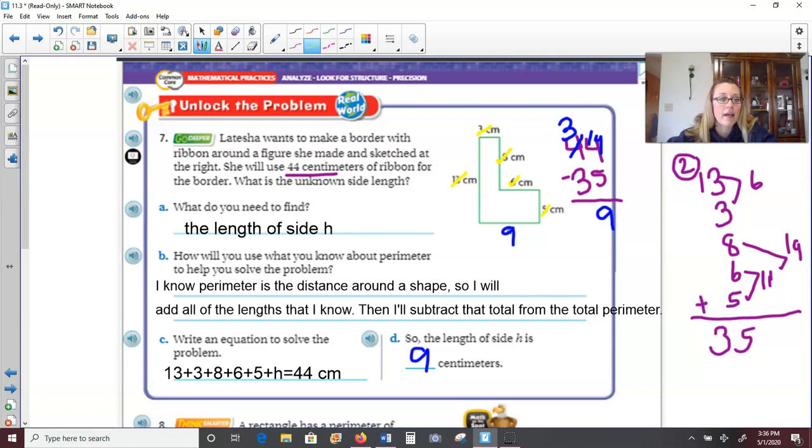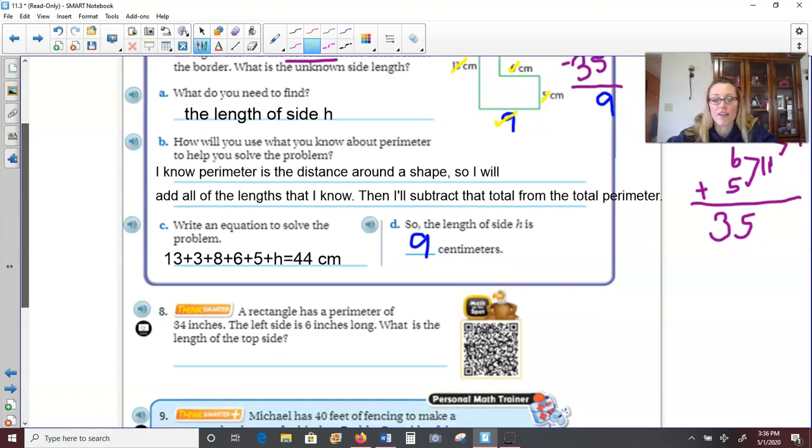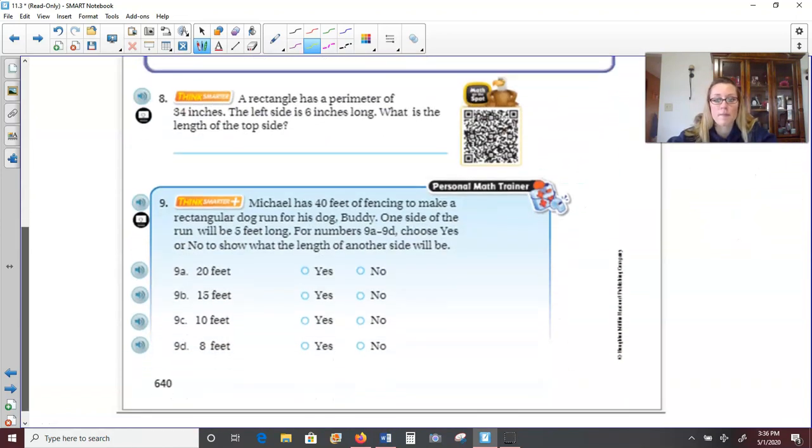And then adding 9 more, we get 44. All right, so that checks out. We are good to roll on to the next problem.